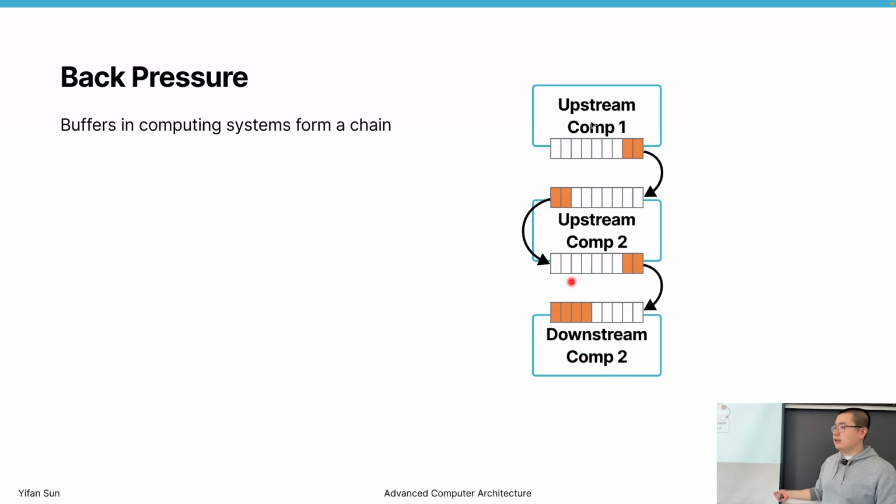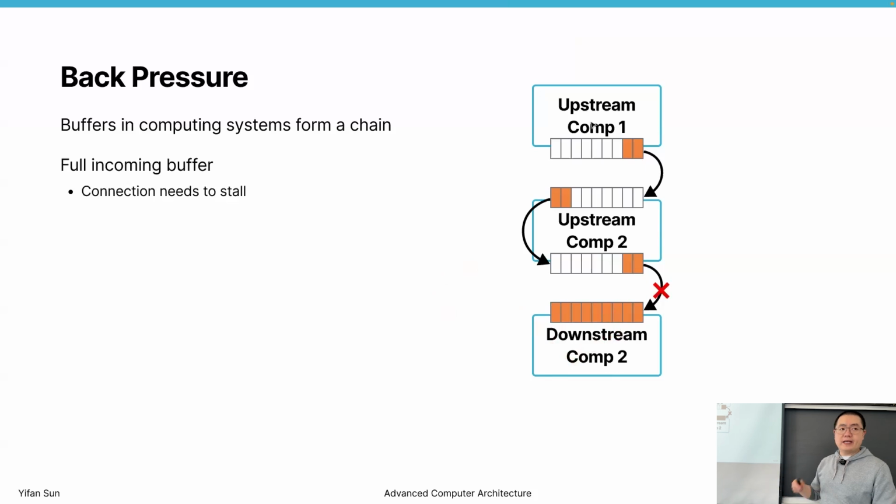Suppose we have a chain of components. Let's say this is a core, L1 cache, L2 cache, and DRAM, and each of them has some buffers. At some point, one component may not be able to process fast enough.